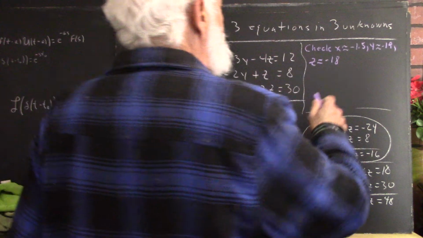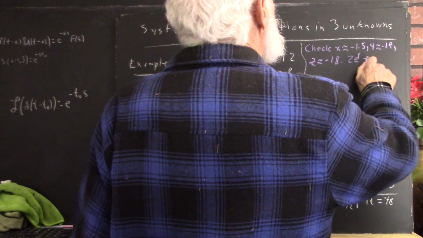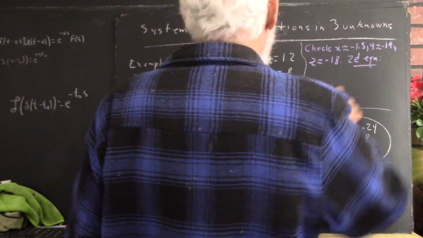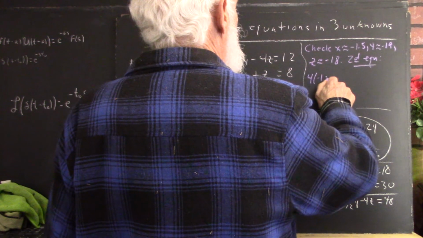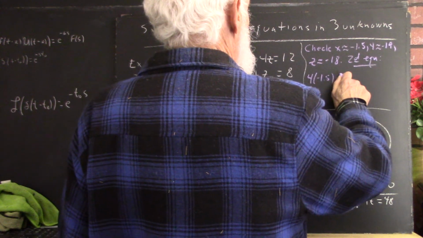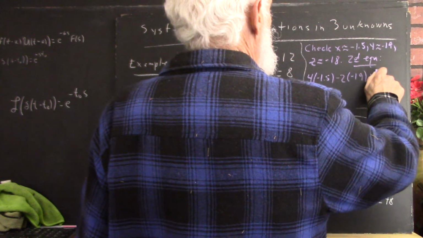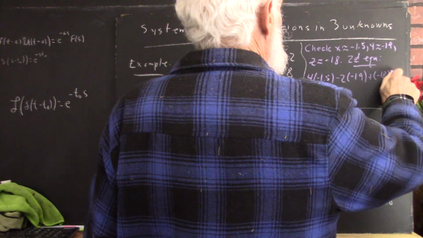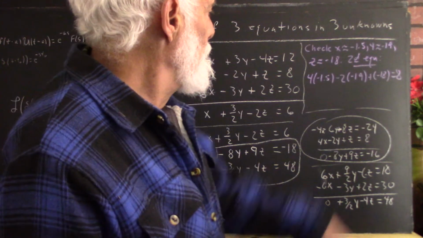Okay, so in the second equation, we would get 4 times negative 1.5 minus 2 times negative 19 plus negative 18 equals 8. Well, the negatives are too big.